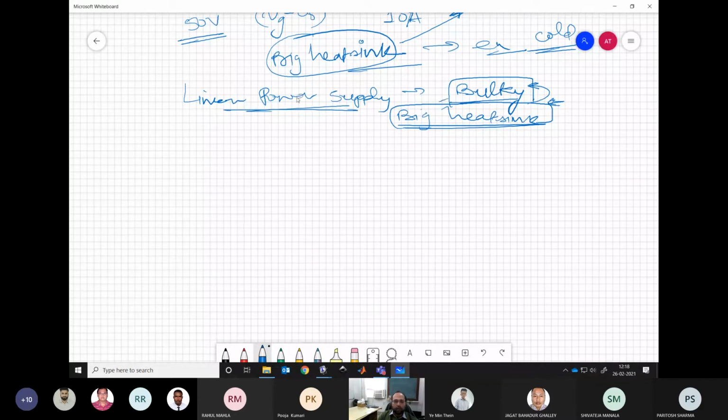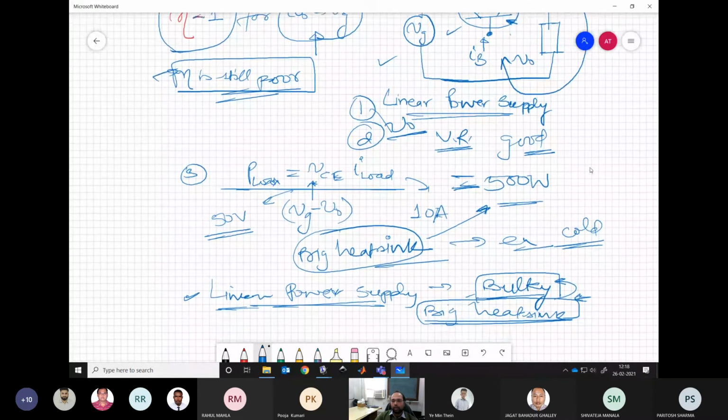So that is why we have these kinds of power supplies which are very bulky and very inefficient, and that is where we need some arrangement to have better efficiency as well, apart from the other two requirements which we are getting.